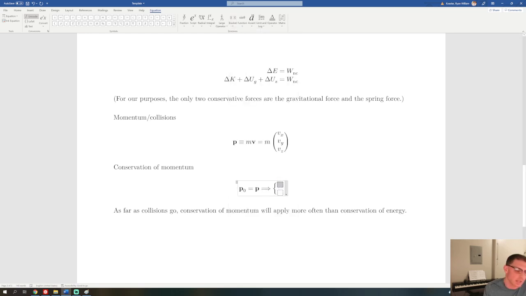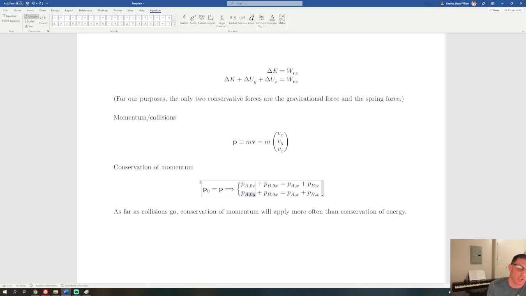This says something like the initial momentum of object A in the x direction plus the initial momentum of object B in the x direction equals the final momentum of object A in the x direction plus the final momentum of object B in the x direction. And then the same equation will work for y. I just changed the x's to y's.